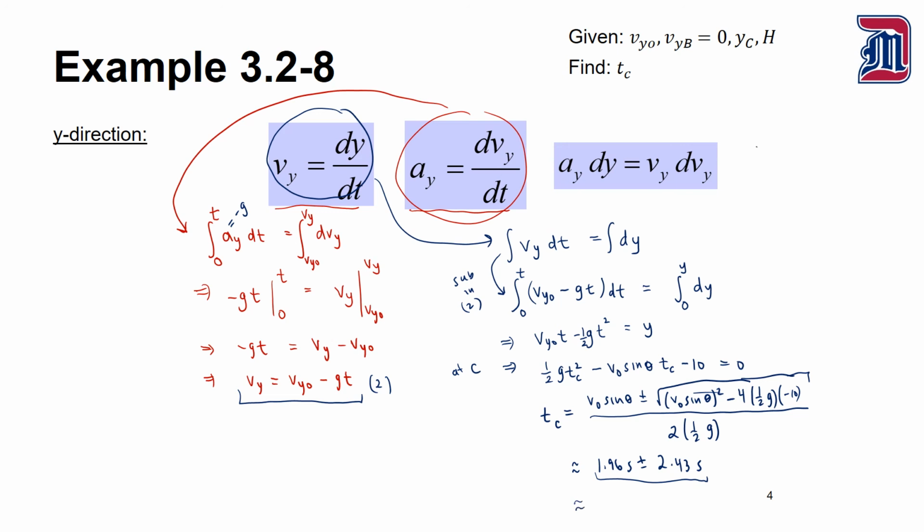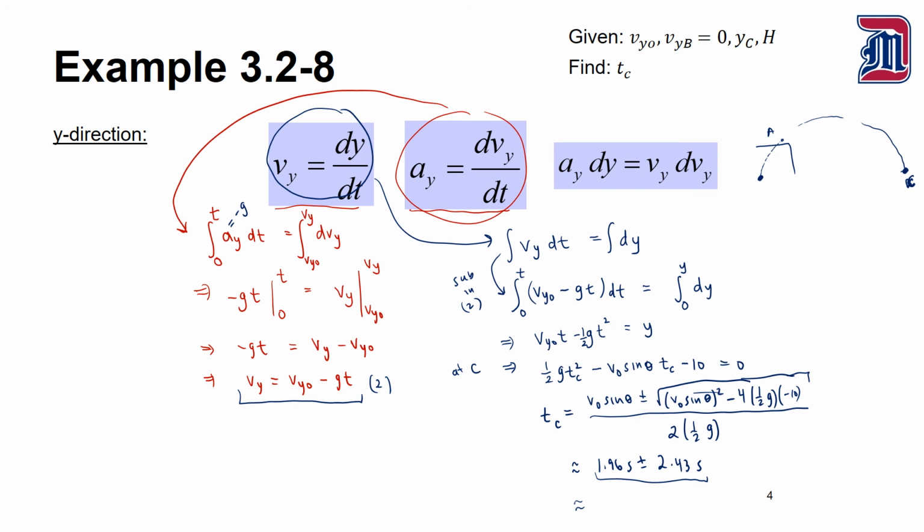If we go back to our picture, the trajectory of our projectile ended up at a height lower than it started. Mathematically, the positive time is the time when we reached point C. The negative time would be like if the projectile went backwards in time across the same parabola, and that's when it would have hit the negative 10 meters.